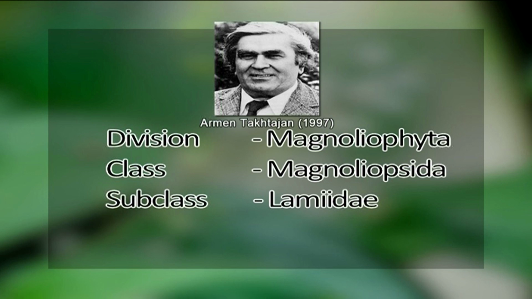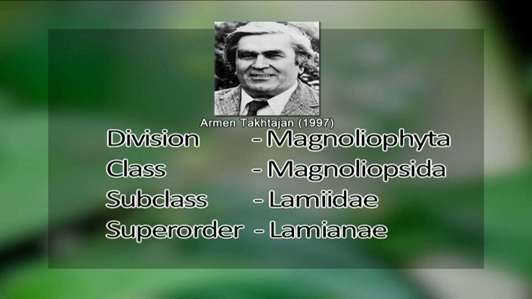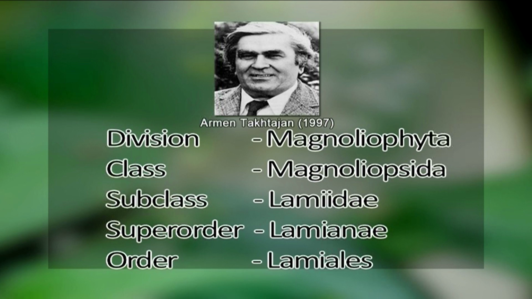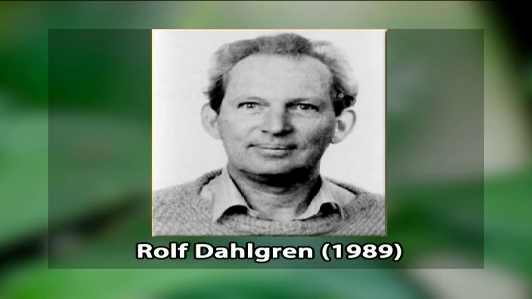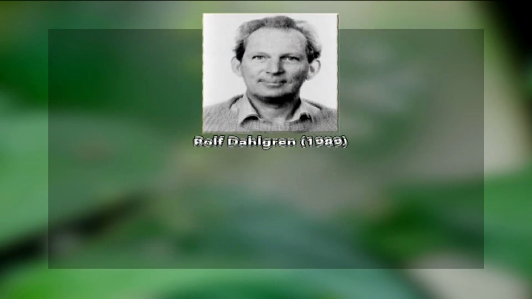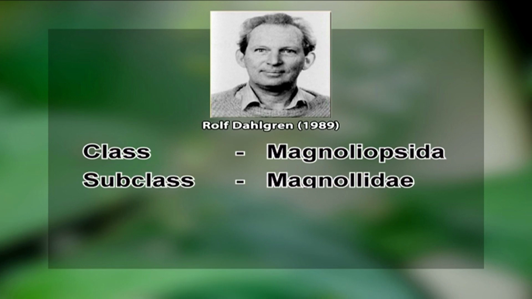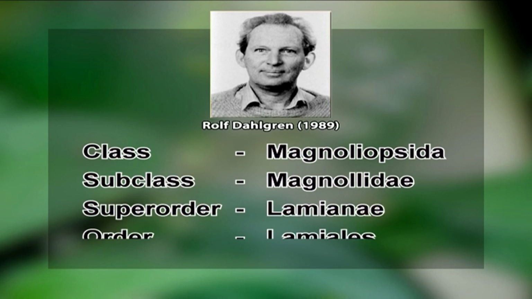Now Takhtajan has given it the subclass Lamiidae, again incorporating one more rank by the name of superorder Lamianae, order same way, that is the Lamiales. Dahlgren, a taxonomist, classified it under the class Magnoliopsida, subclass Magnoliidae, superorder Lamiiflorae, and the order Lamiales.